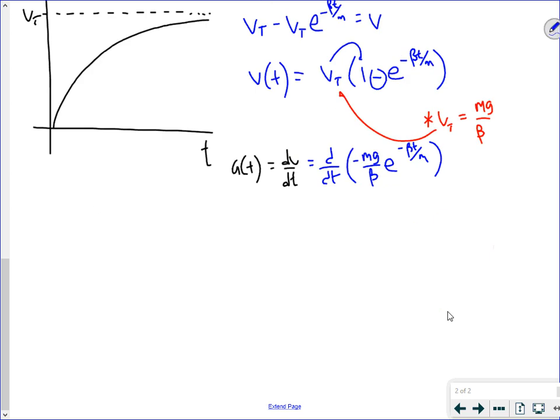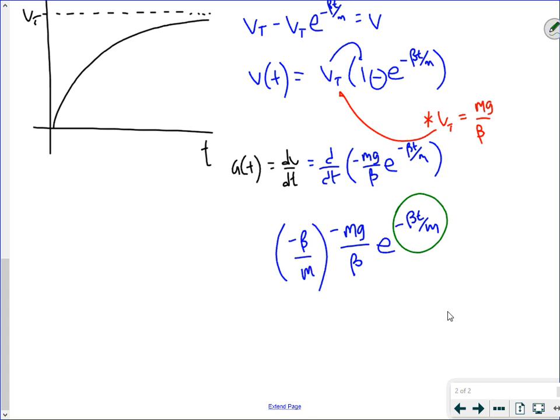ends up, well, we keep this, mg over beta, e to the negative. We keep everything, but then we just have to differentiate this dt. So that means we pull out negative b over m. And look what happens. This goes, that goes, that goes, this goes.